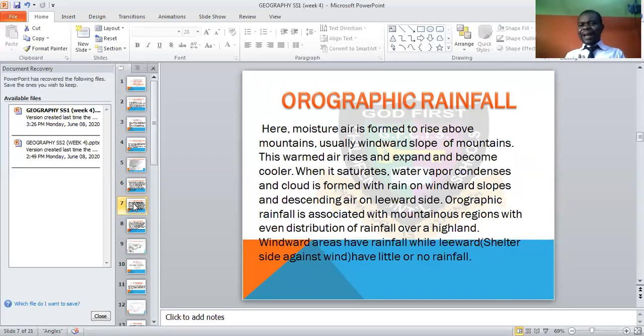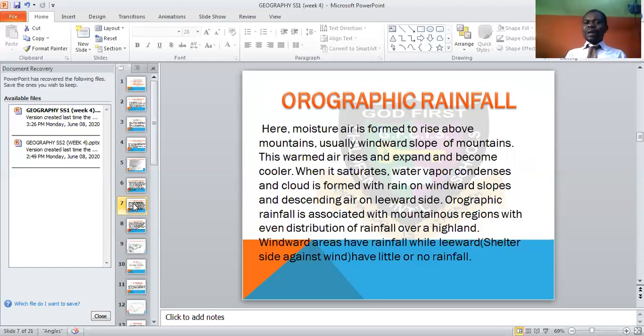So we have the places we call the windward slope, and then the leeward slope. The windward slopes are the areas that the wind is directed at. Then the leeward slopes are the ones that are sheltered, with their back to the effect of the wind. That is why we call it the leeward slope or side.